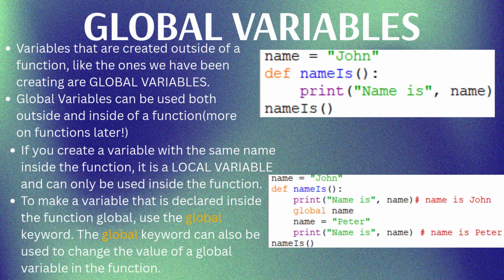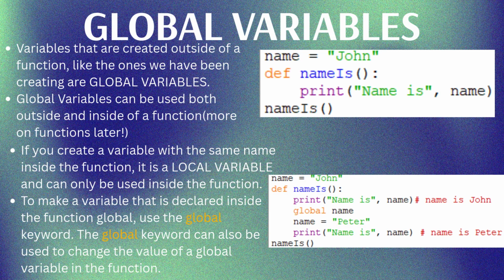Now, if you create a variable with the same name, doesn't have to be the same name actually, inside the function, then it is a local variable and can only be used inside the function. To make a variable that is declared inside the function global so that you can use it outside of the function, you use the global keyword before the name of that variable.